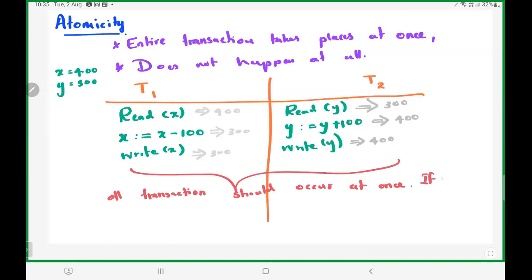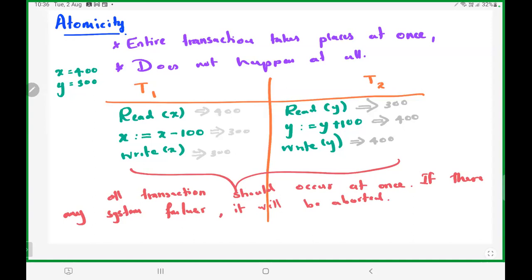If there is any system failure, it will be aborted. If there is any system failure, the transaction will be aborted, not happen, right? Or both transactions will occur at once. එකපාර සිද්ධ වෙනවා කියලා තමයි මේ atomicity එකේ කියන්නේ.